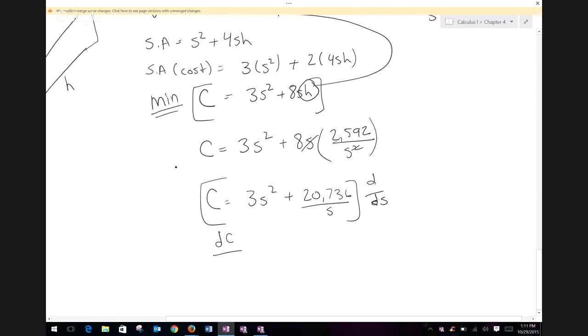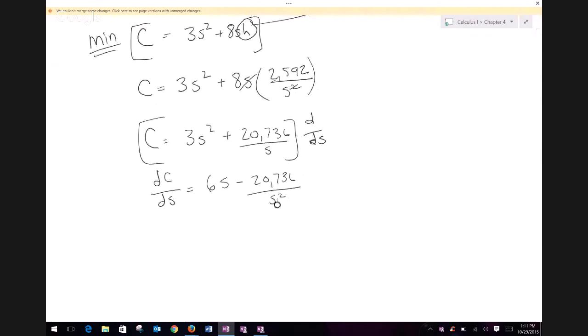Now I take the derivative with respect to S. So I have the derivative of the cost function with respect to S. It's going to give me 6S minus 20,736 over S squared. Now I set this equal to 0 and multiply both sides by S squared. I get 6S cubed equals 20,736.